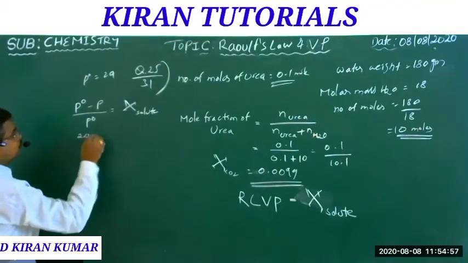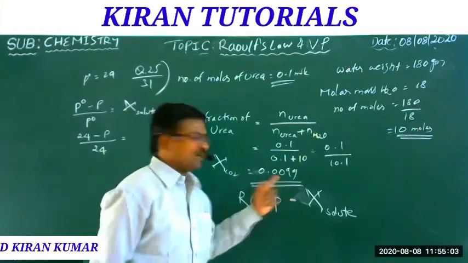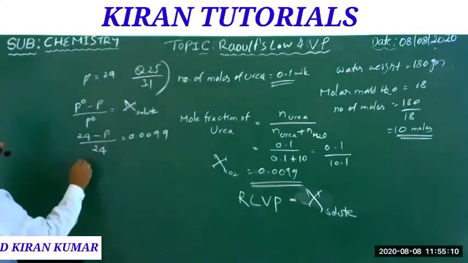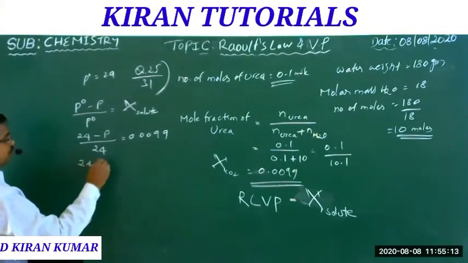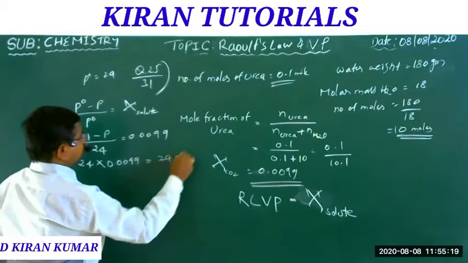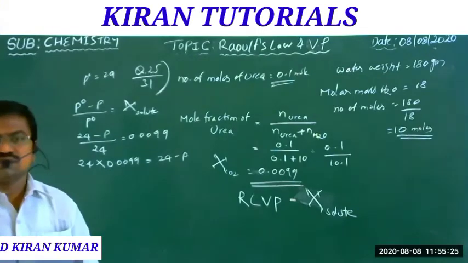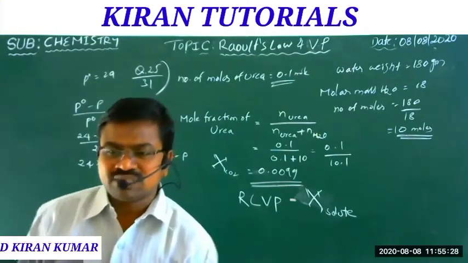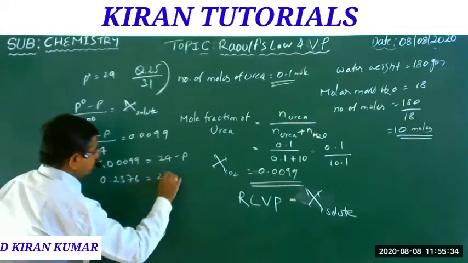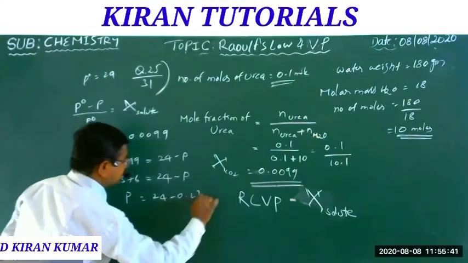So, 24 minus P by 24 equals 0.0099. Then 24 into 0.0099 equals 24 minus P. What is the value? 0.2376 equals 24 minus P. P equals 24 minus 0.2376.